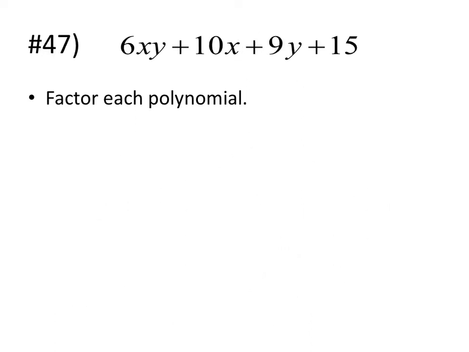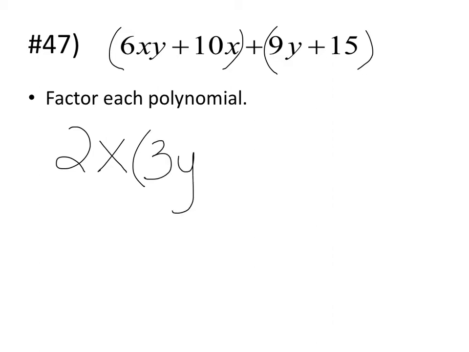Now factor each polynomial. Again, we're factoring by grouping. My third term here is positive, so now you don't have to worry about factoring out a negative. I have 6 and 10, so I can factor out a 2. And I have x and x, so I can factor out an x. I'm left with 3y plus 5.